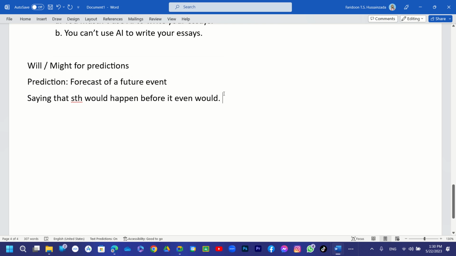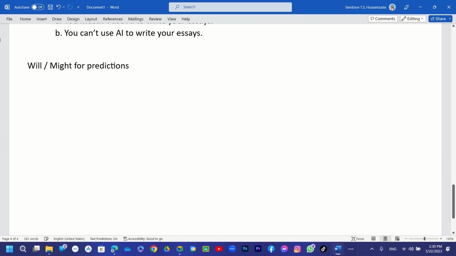So you're forecasting your future event. You're saying there's this much of a chance, this much of a possibility that this thing would happen. Technically, we can say that will and might can both be used for predictions. We can use them both for talking about the future. So let's give one example for both.